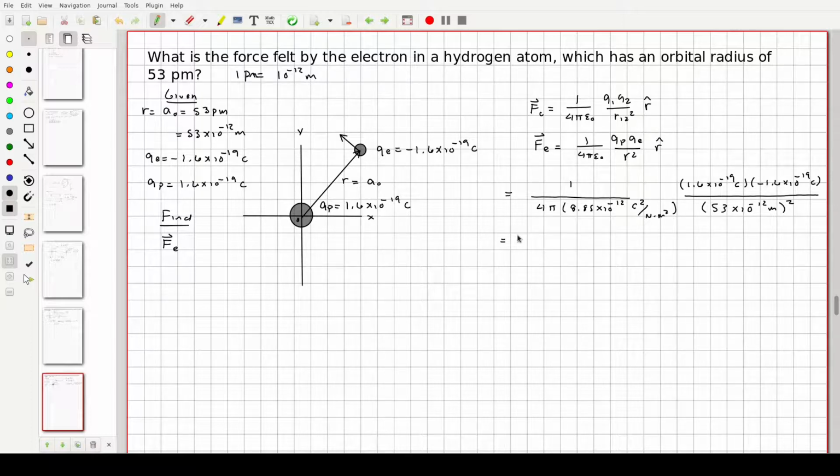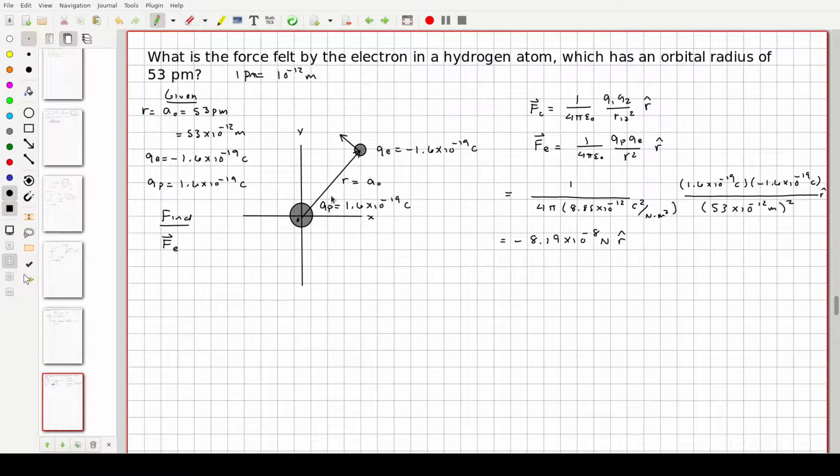Divided by 4 times pi times 8.85 times 10 to the minus 12th times 53 times 10 to the minus 12th. I'm going to square that. I end up with a negative 8.19 times 10 to the minus 8th newtons r hat. Yeah, there's an r hat way over here. So the force itself is inwards. It's a central force. It's making this thing go around in a circle.